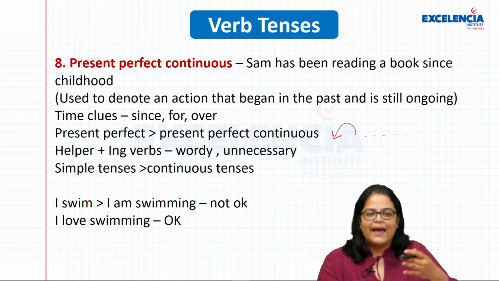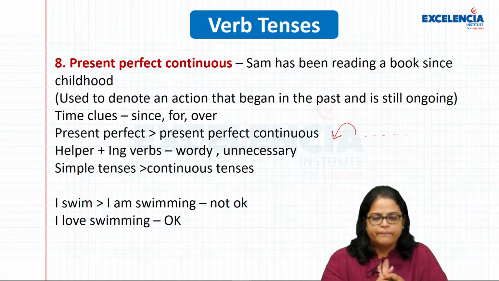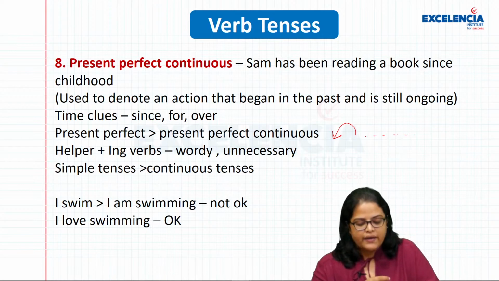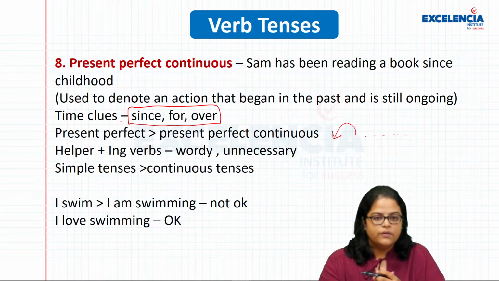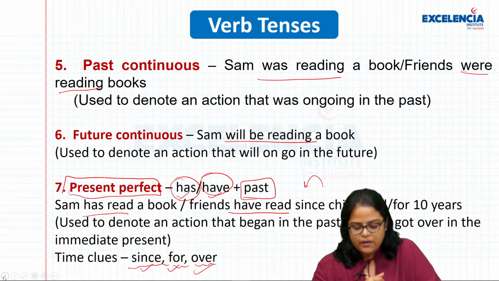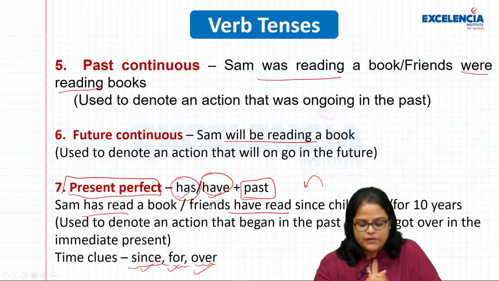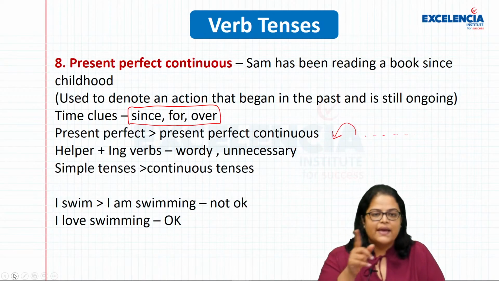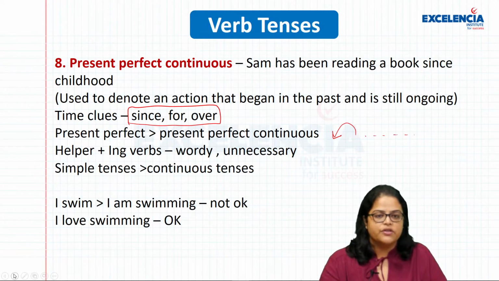When I say Aditi has been living, she's still in the process of living. So I don't know, it may go into the future maybe. Here also I can use time clues like since, for and over. For the previous one, it was Aditi has lived. For this one, it's Aditi has been living. It's present perfect continuous.